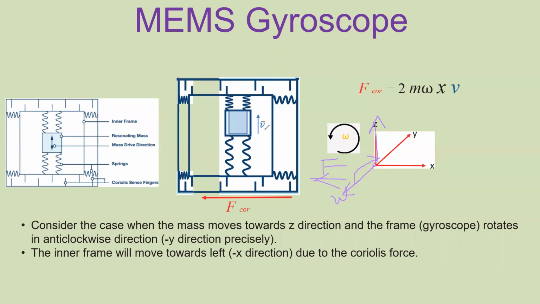In this case, when it is moving in this direction, this V bar stands for the average velocity. Instantaneously it will have some velocity V, and to get the average force which acted on this mass when it is moving in this direction, we use the average velocity, right? Okay.